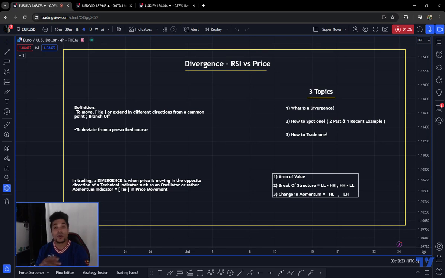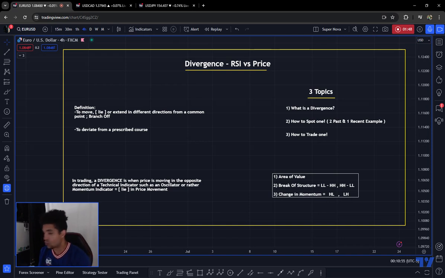Before we look at some examples and show how to spot one, I want to go over a couple of key things that I look for that will tell me that I truly am looking at a divergence. One, I want to see price coming into an area of value, be it a resistance zone or support zone. Two, I want to see some sort of break of structure.